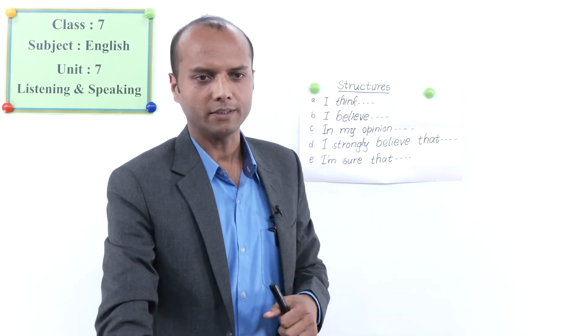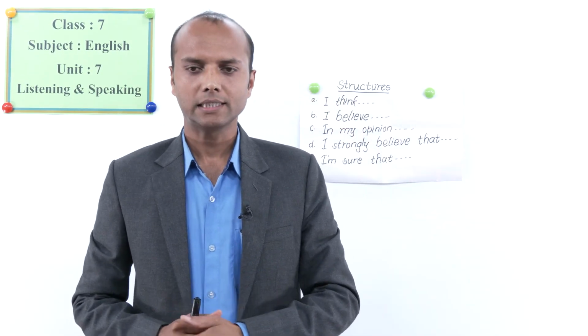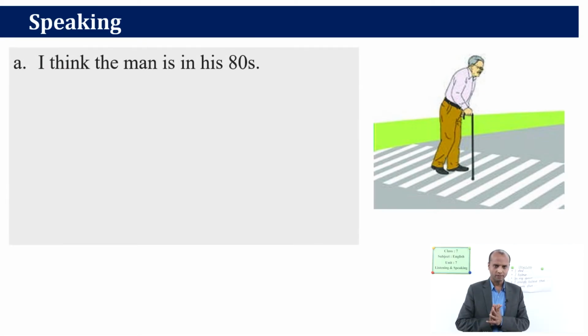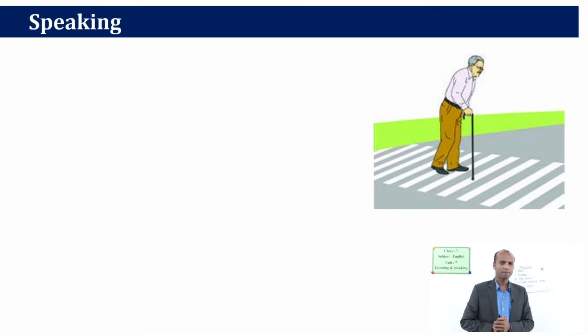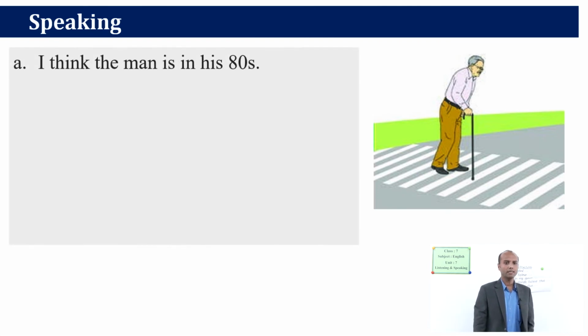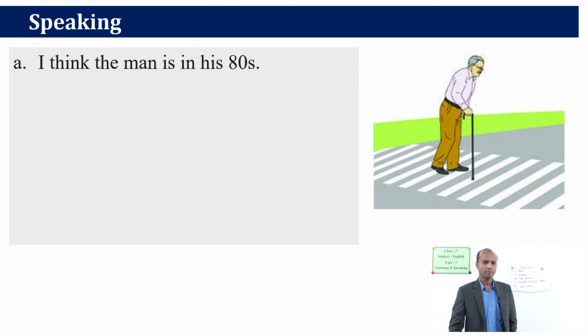Let's begin the activity. The first one is a man walking there. What do you say about this picture? You see a man walking there, an old man. What do you say? Very good. I think the man is in his 80s, means he is almost 80 years old.